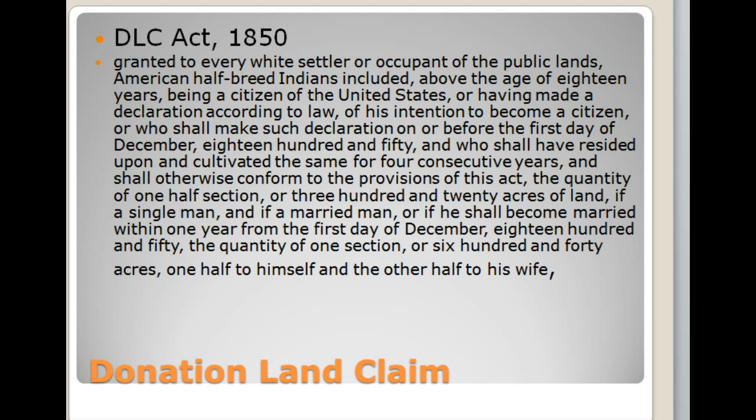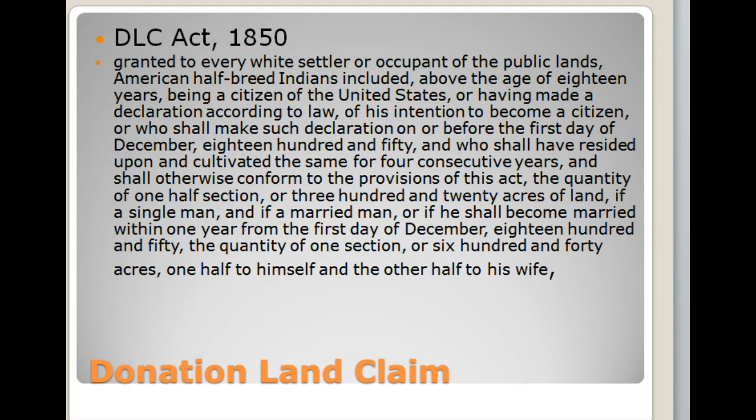So the Donation Land Claim Act, people got to Oregon and got to the good lands before the surveyors got there. So some of the land had been claimed by early settlers, some of the land claimed by the Donation Land Claim Act folks. One of the requirements was that they lay out their parcels in north, south, east, west. They didn't always do that.